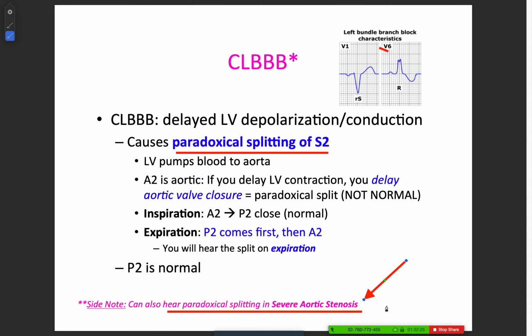Well, we have a left side of our heart that's trying to pump blood through a tiny little hole. It's going to take longer, right? It all comes back to how long does it take to finish this job? If you have a tiny little hole to pump all this blood through, that's going to take longer, and that gives you a paradoxical split. We're relating the physiology to the pathology, because that's the way you've got to learn it.